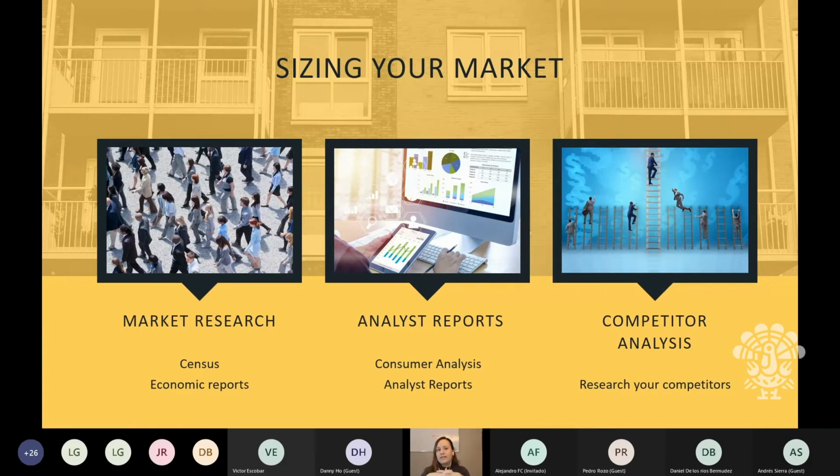And then competitor analysis. If you understand how you are classifying the industry and what segment you're competing in, you can look at your competitors. What are they doing? What customers are they reaching? How are they pricing their products? It is very important as you enter a new market to do this exercise: how many people or companies can you actually reach in Canada, how do they behave, and what are their trends?